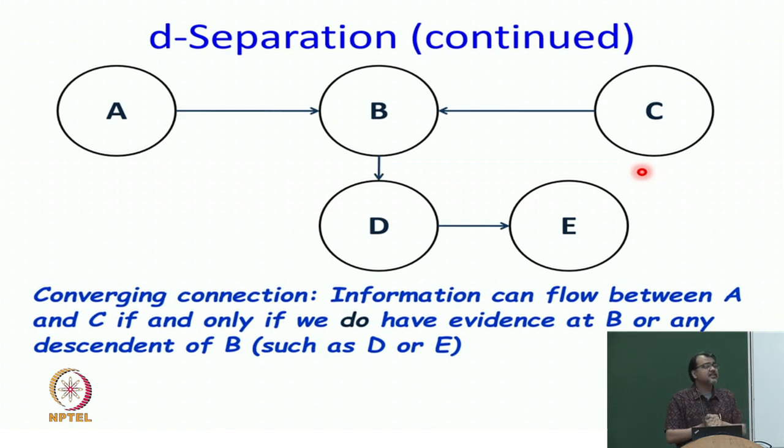So, the converging connection says, contrary to diverging connection and linear connection, that information can flow from A to C if we do have evidence either in B or in any child of B, because the children of B eventually change the probability distribution of B, and now that I have more information of B, information can flow from A to C. So, A and C are not cut off, they were originally cut off, but they become not cut off if I know B or any child of B.